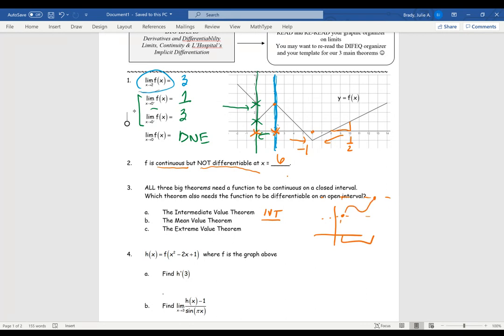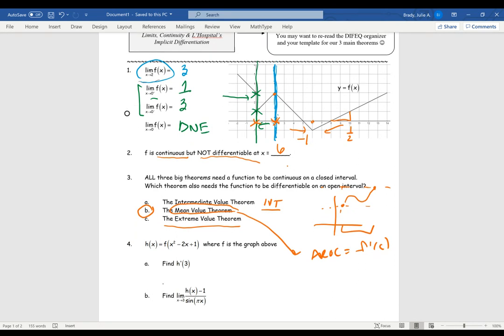The extreme value theorem says that on that closed interval, you have a highest value and a lowest value. But the mean value theorem says that the AROC is equal to the derivative at some point, and that you have to have a differentiable function. The function's rate of change has to change smoothly.